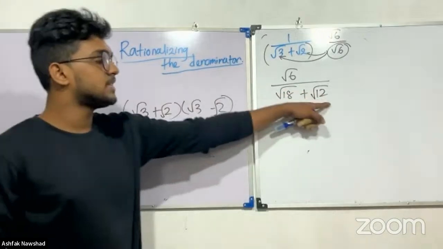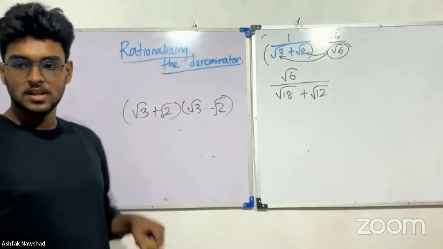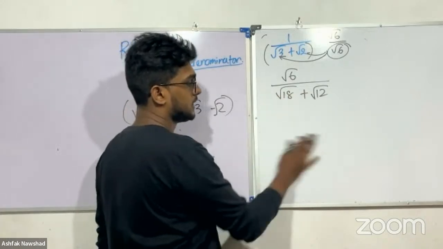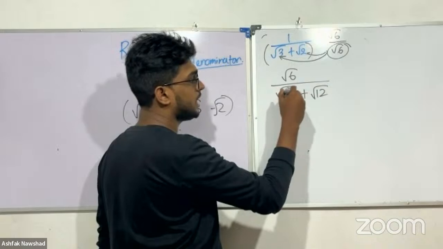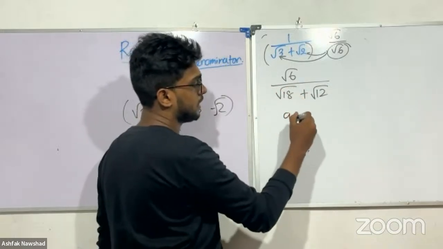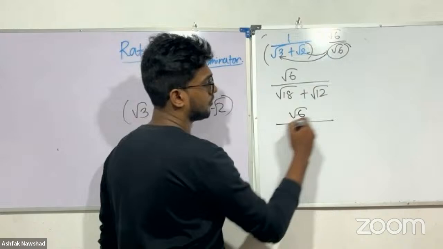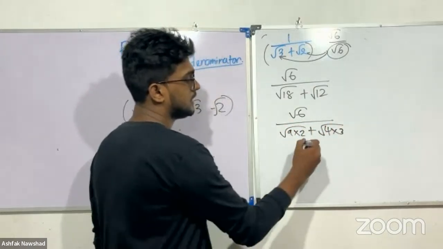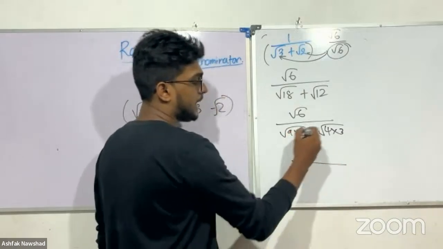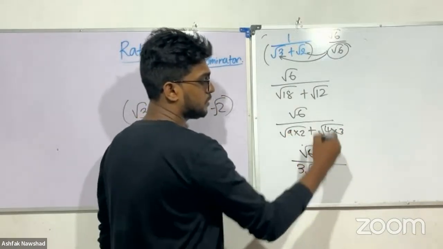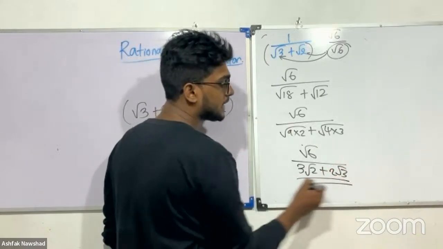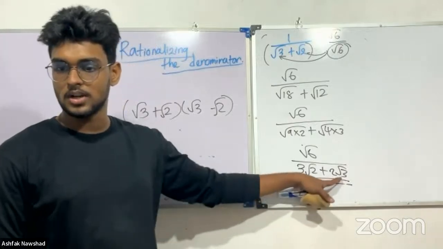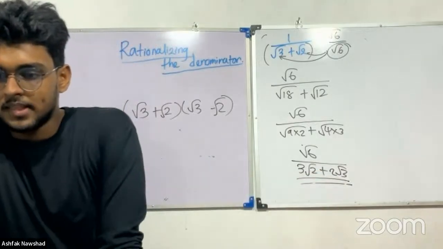We know these are entire surds. 18 can be written as 9 times 2. 12 can be written as 4 times 3. Root 18 is 3 root 2. If you took 4 out, there is 2 root 3. Again, can you see the denominator has irrational numbers? The denominator is not yet rationalized, no? Do you understand that?